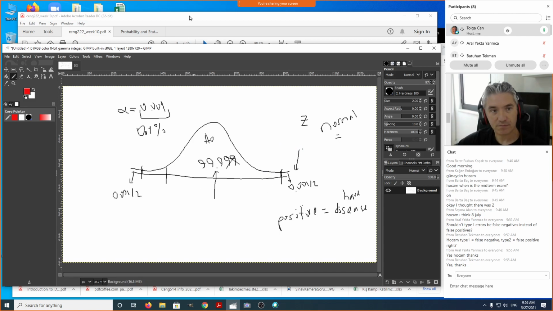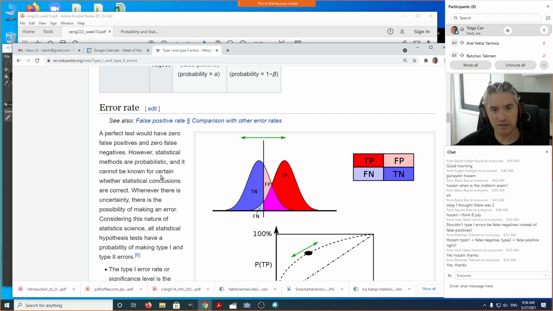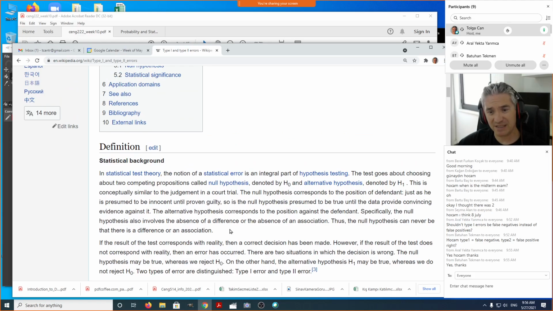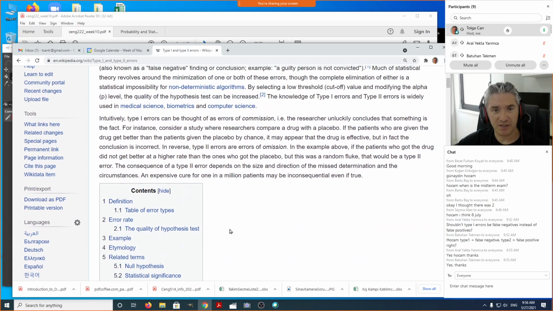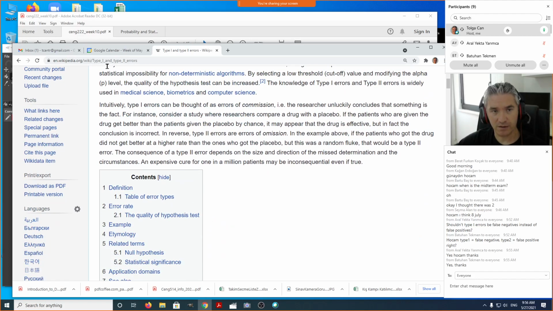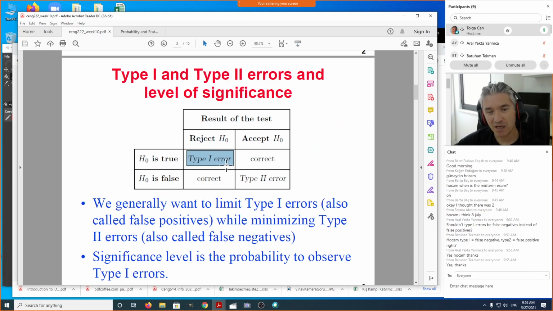So you may also take a look at this, what we call true positive, false negative. There's also specificity, sensitivity. This article may make it easy to digest what these errors are. But as I said, it really depends on what you're calling positive.